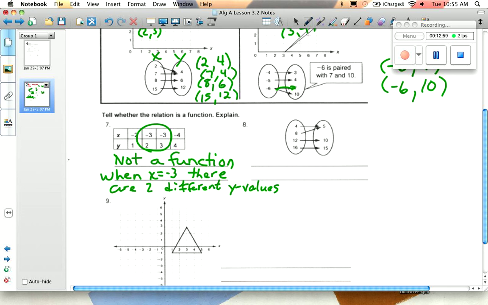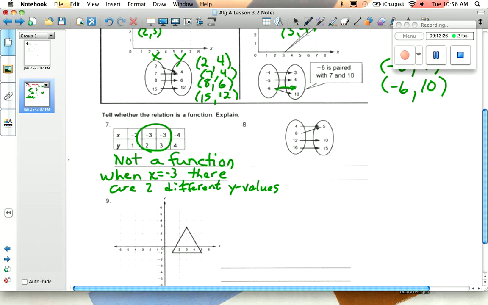Great. So, if the x has 2 of the same values like -3, used twice, and the y underneath the -3, if they both had the same value, then what would it be? Then it would still be a function, because that x value of -3 would still only have one y value.